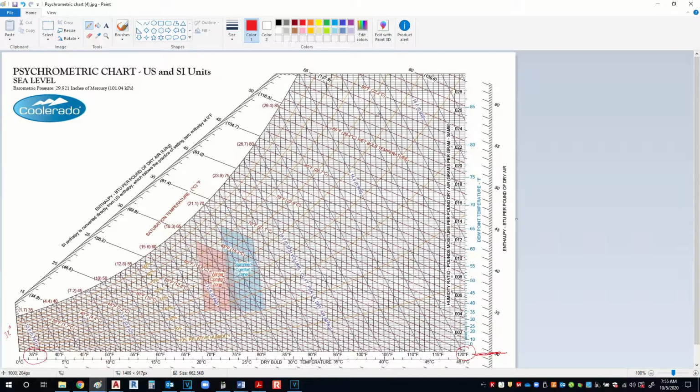These curved lines are the humidity. If you look very closely right here, here is the relative humidity. This line right here is 30% relative humidity. This line right here is going to be 100% relative humidity.